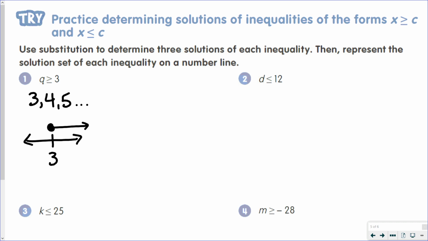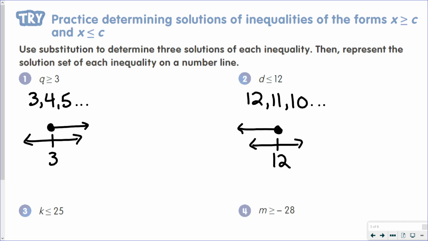For D is less than or equal to 12, we have 12 or smaller. And again, you can use fractions and decimals here, but it is usually easier to use those whole numbers. So draw our line, put a 12 on it, shaded circle, and our arrow goes to the left.